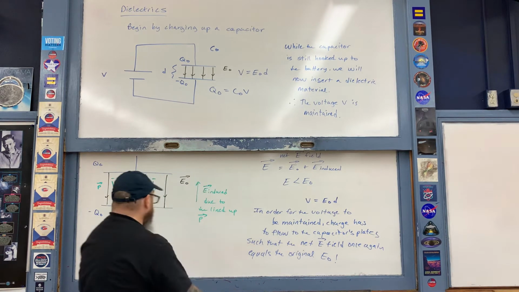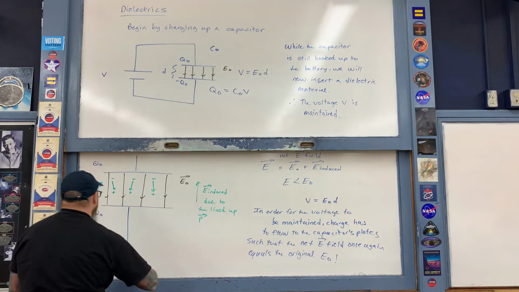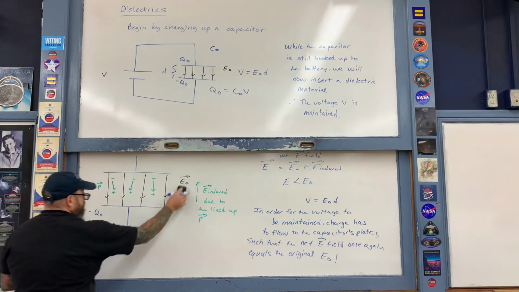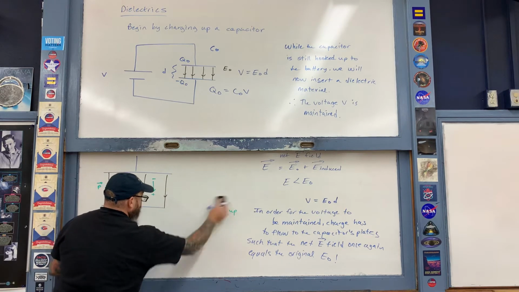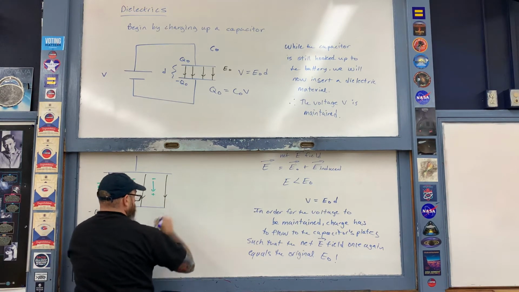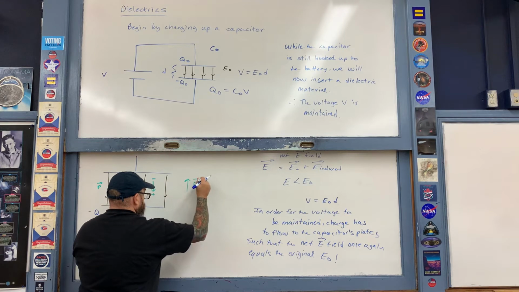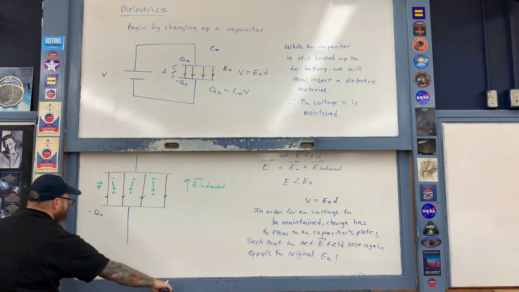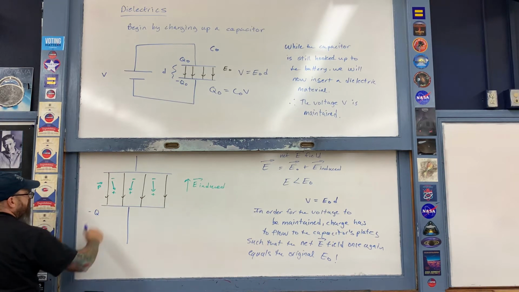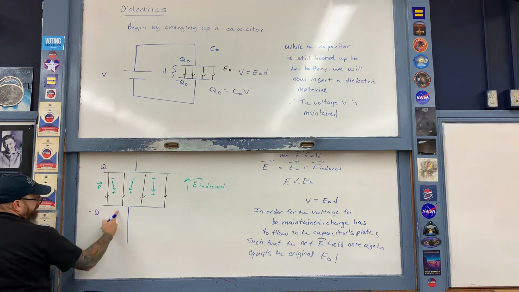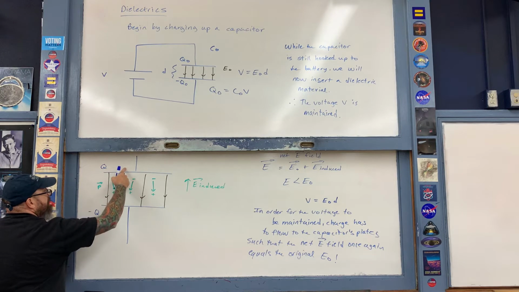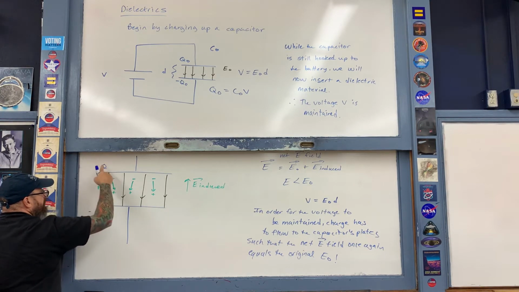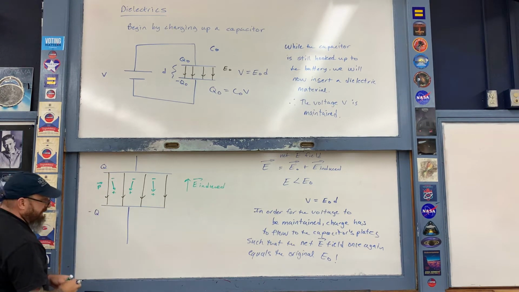Let me just go ahead and redraw the situation. So now when I redraw the situation, actually let me keep the E induced here, like so. When I redraw the situation now, there is a new charge on the plates that's referred to as Q. So basically, electrons flowed in this direction from the battery to this capacitor plate, and additional electrons were pulled away from this plate here, thereby giving it a greater amount of positive charge.